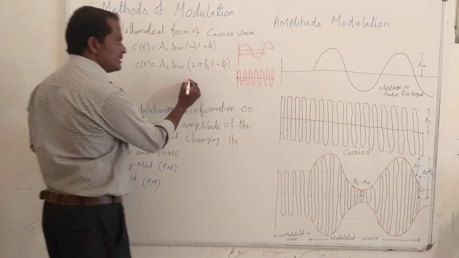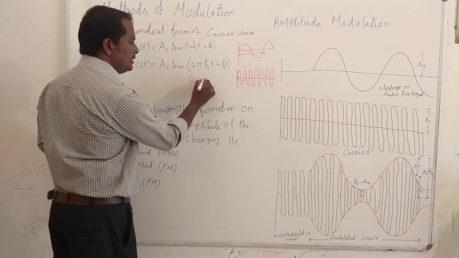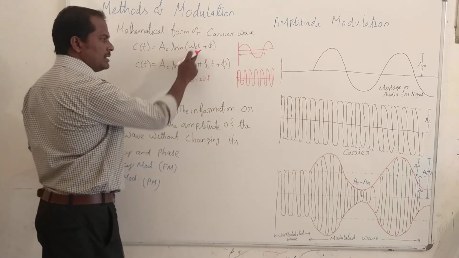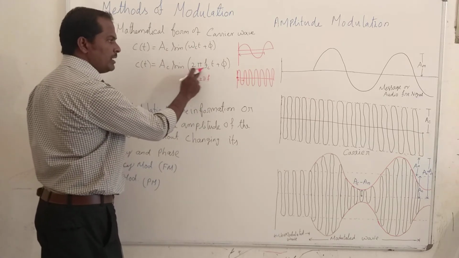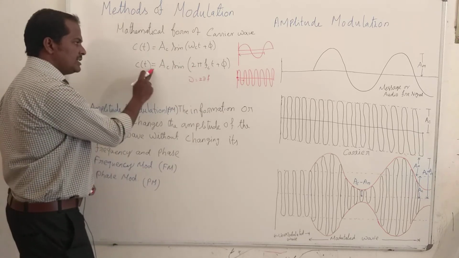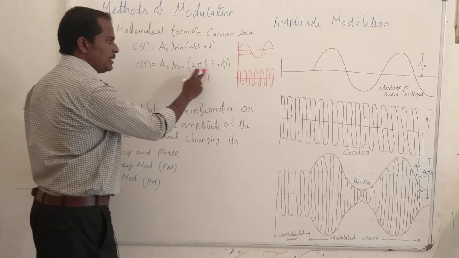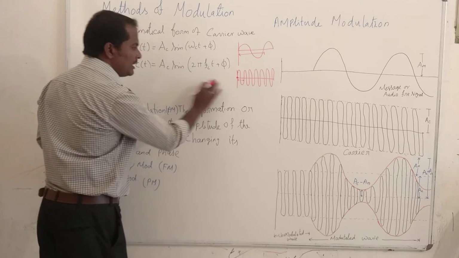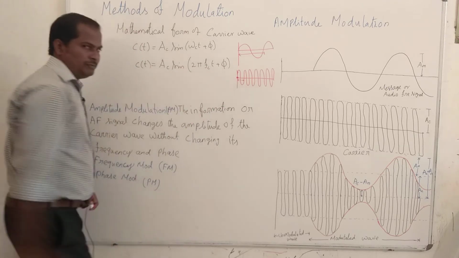We already discussed in the earlier class that omega equals 2 pi f. That's why omega c equals 2 pi fc. So we write the same expression as c of t equals Ac sine 2 pi fc t plus phi. This is the mathematical formula for the carrier wave.